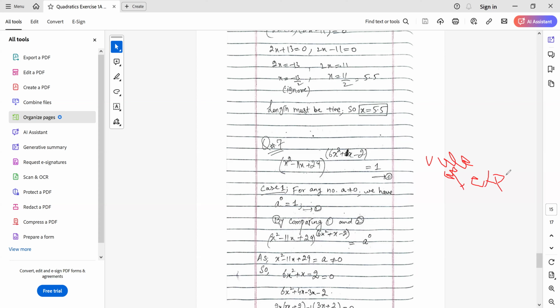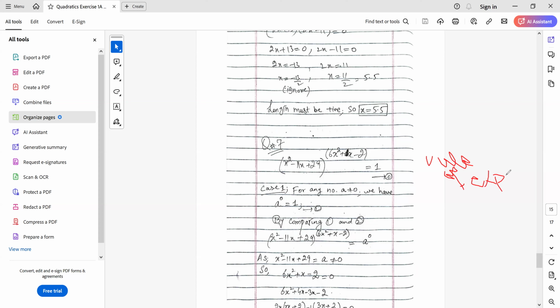Okay, you can see the three cases here. This is our case 1. For any non-zero number a, a non-zero base raised to the power 0 equals 1.